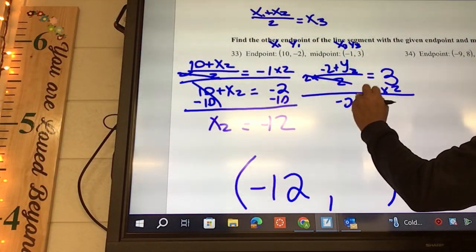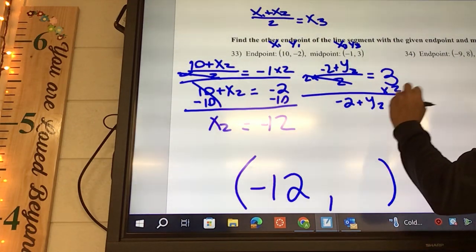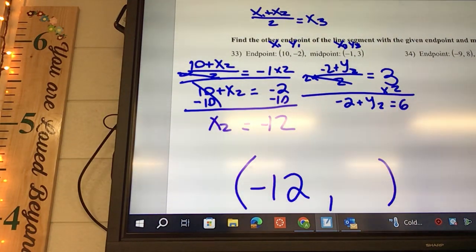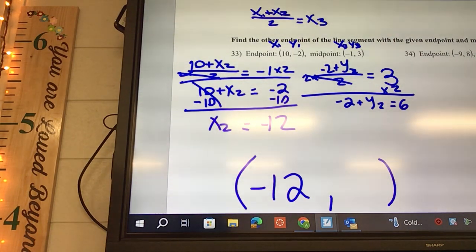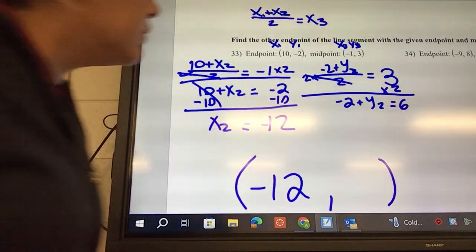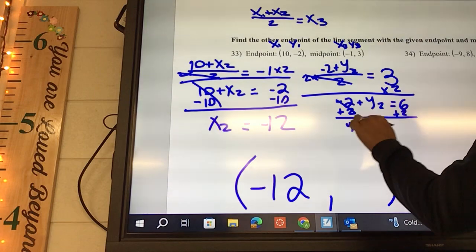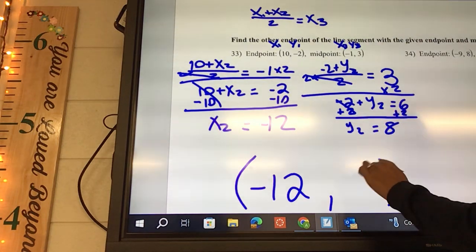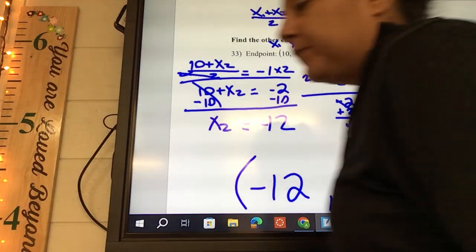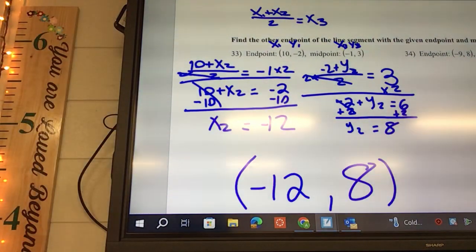So I got negative 2 plus y2 equals 6. And then what? Add 2. So you're going to get y2 equals 8. So you're going to put that in the bottom part of that parenthesis or coordinate.